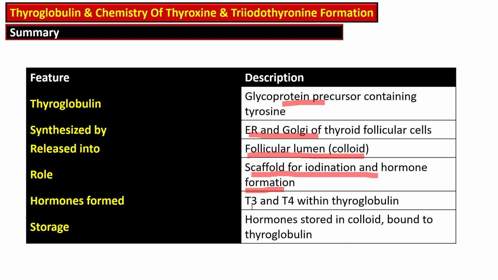The hormone is formed within the thyroglobulin and stored there in the colloid. Whenever needed, it is taken up into the cell through pinocytosis, digested by various proteases, and the hormones are released into the bloodstream.